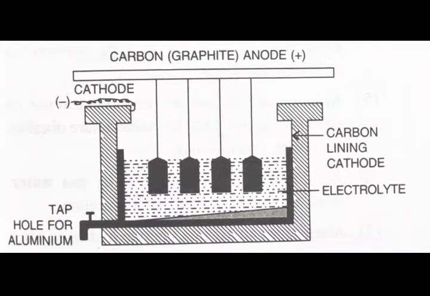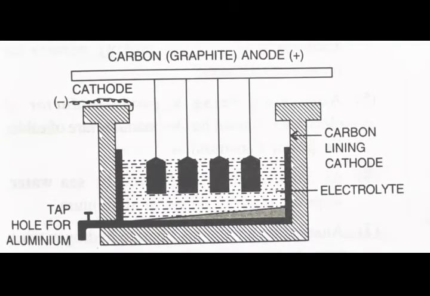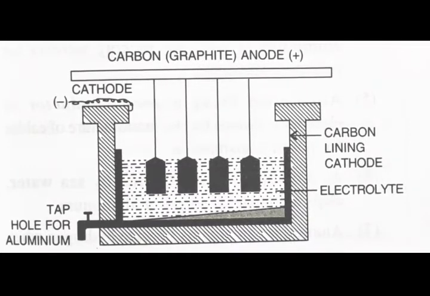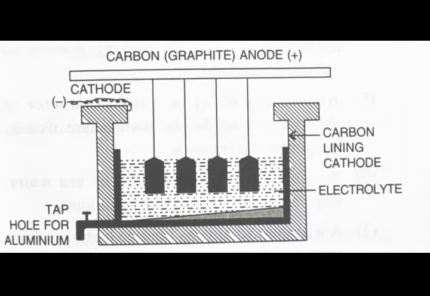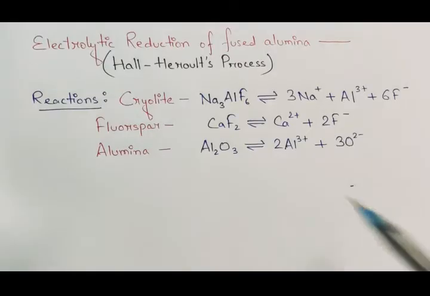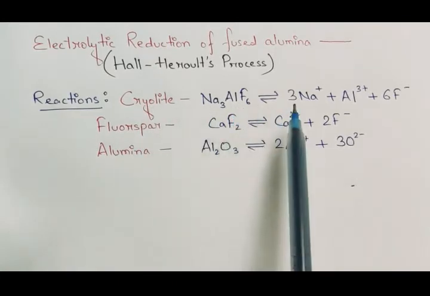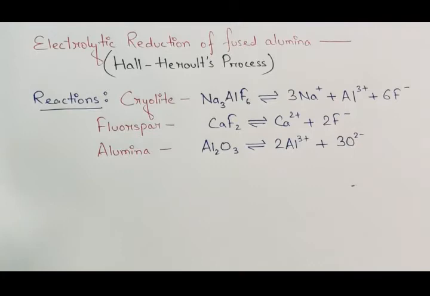Clear? Let me show you the proper reactions which take place at the cathode and anode, so that you will have an idea of how the pure metallic aluminium gets deposited at the cathode. Now look at the reactions. Here cryolite gets dissociated to form Na+ ion, aluminium ion, and fluoride ion.